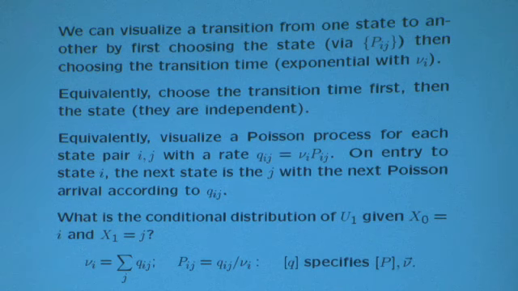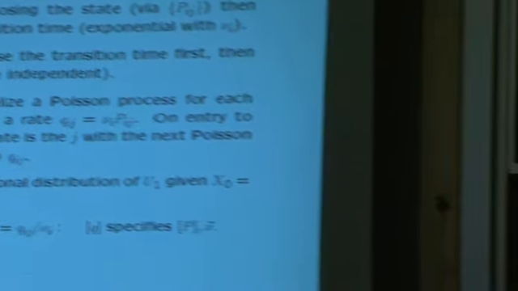And finally, equivalently, which is where the Poisson process comes in, a really neat way to think of Poisson processes is to have an enormously large number of Poisson processes running all the time. There's one Poisson process for every transition in this Markov chain.